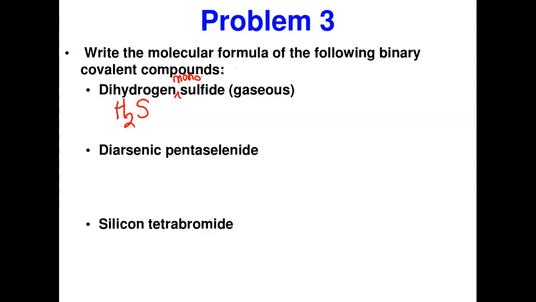Now for the next one, it says diarsenic. You look at your periodic table. Arsenic is As. But how many do we have there? 2 arsenic. So it's going to be As2. And then the next one, this is diarsenic. That's what we have here. Penta. Penta simply means 5.